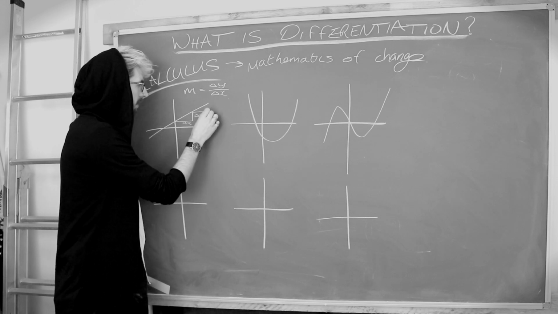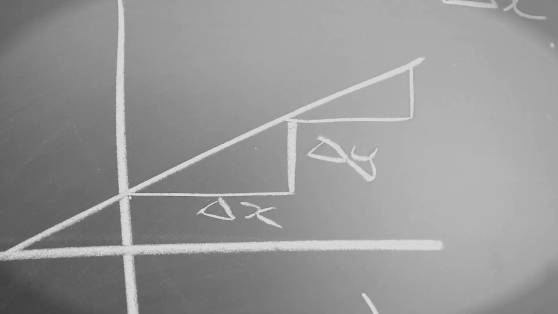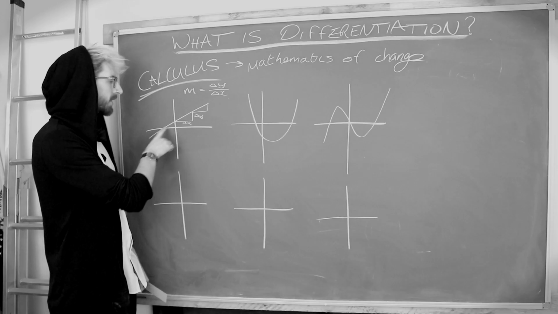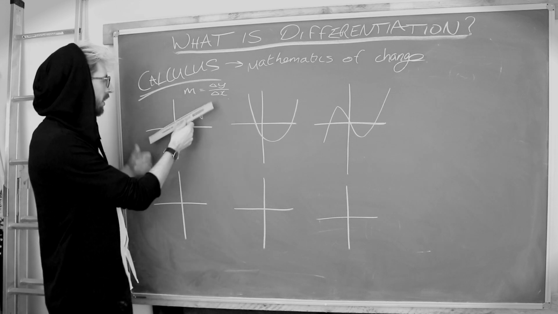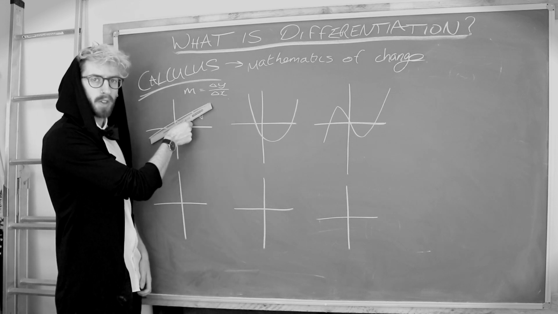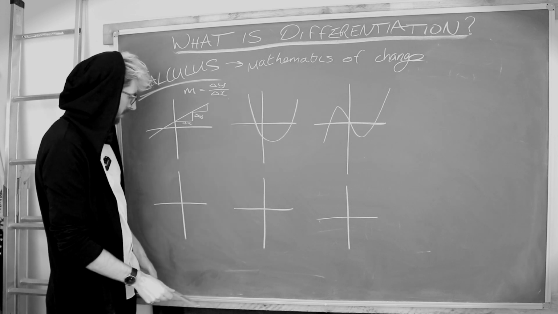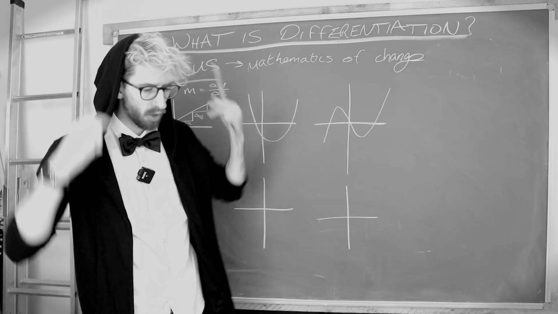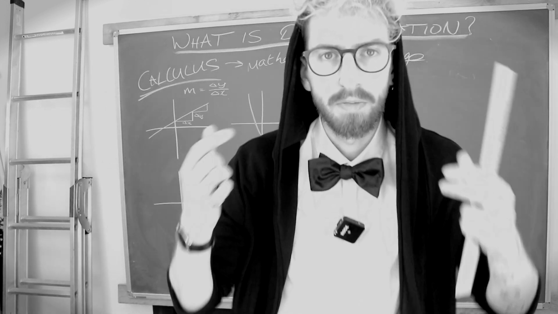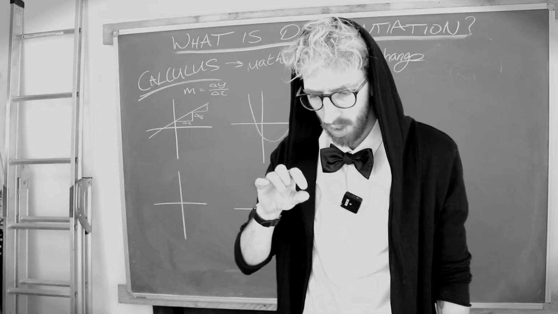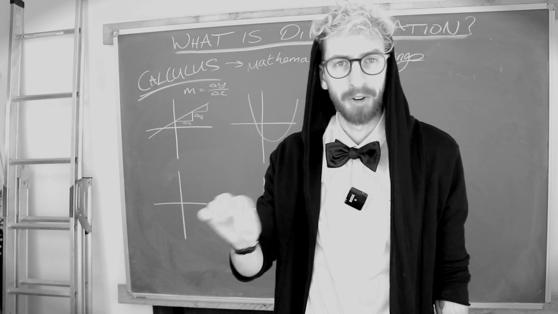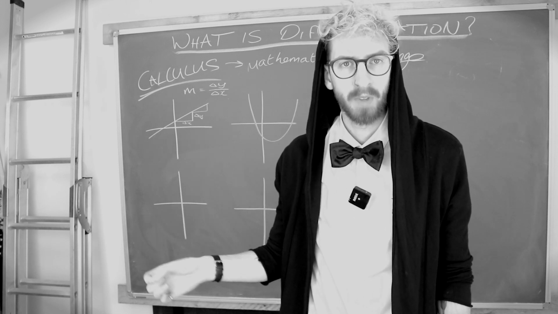If we kept doing it, we'd realise it's the same everywhere because it's a straight line. Its gradient, or its slope, is constant. So if we were to do this thing called sketching the derivative, which is to say, we're going to plot how the gradient changes with x.